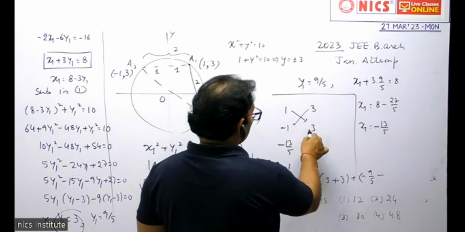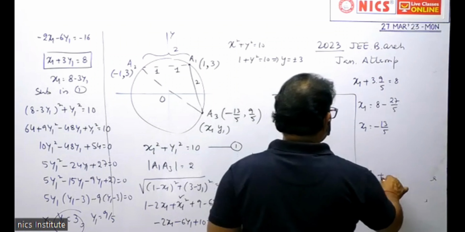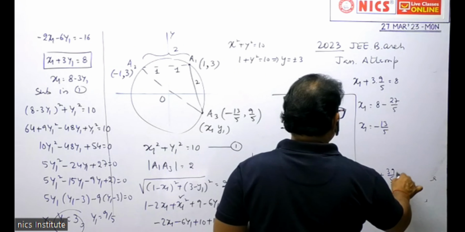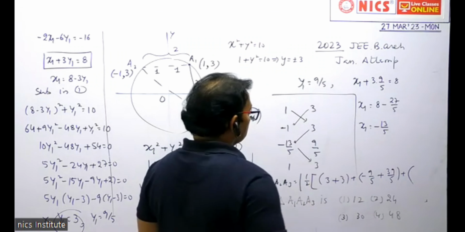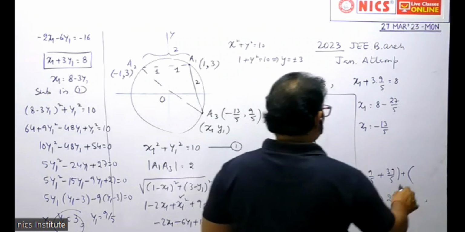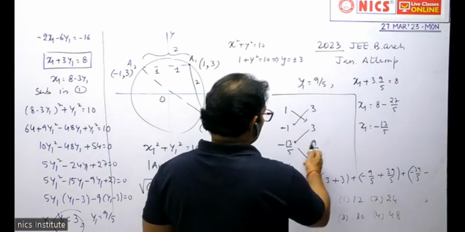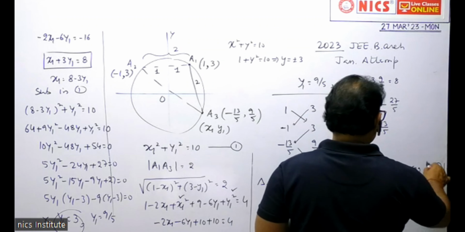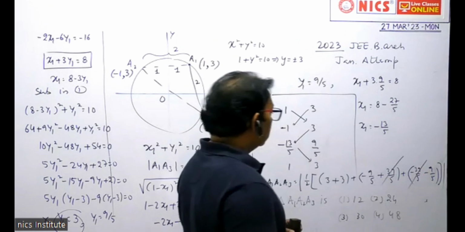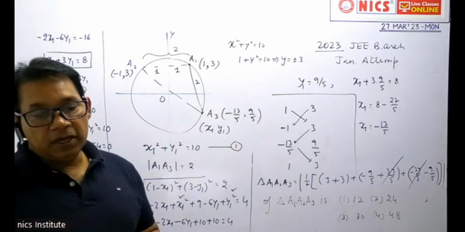This into this, minus 9 by 5, this into this, minus 13 by 5, 39 by 5 will be plus 39 by 5. Then this into this will be minus 39 by 5, minus sign, this into this, minus 9 by 5. So minus 39 by 5 will cancel out and you get the value of the area of the triangle.